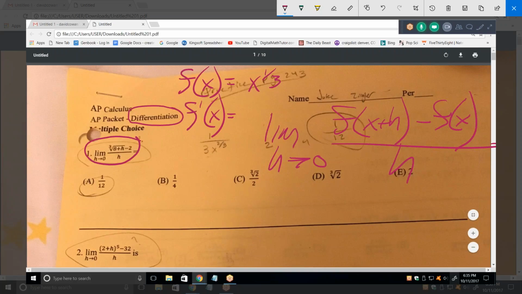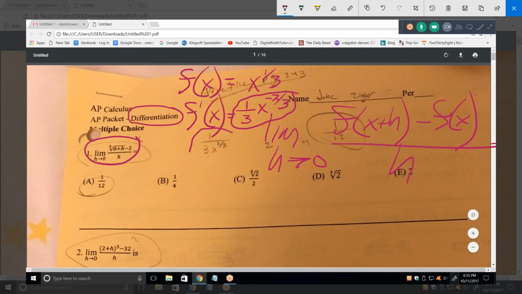So when you take the derivative, what do you get? Always start with the exponent. Then x to the negative 2/3. Okay, now the key is you're going to evaluate that at 8.